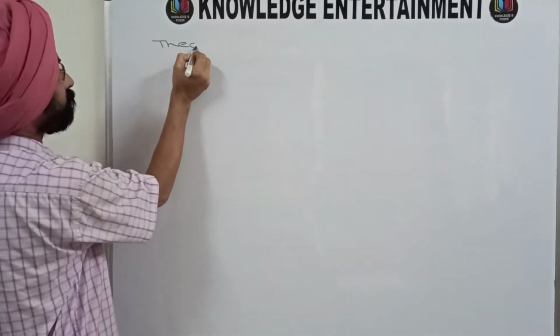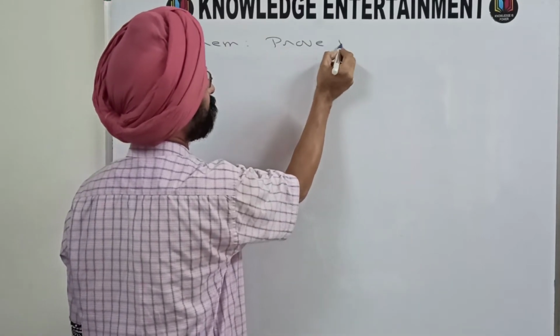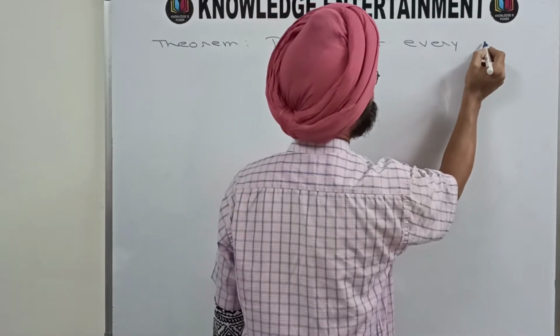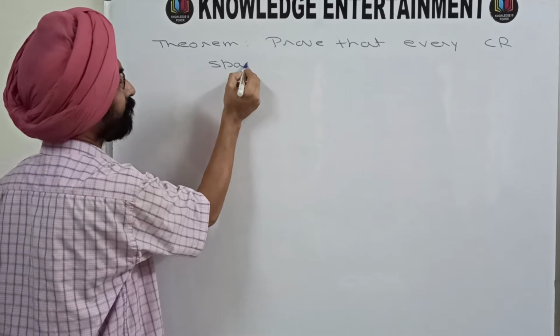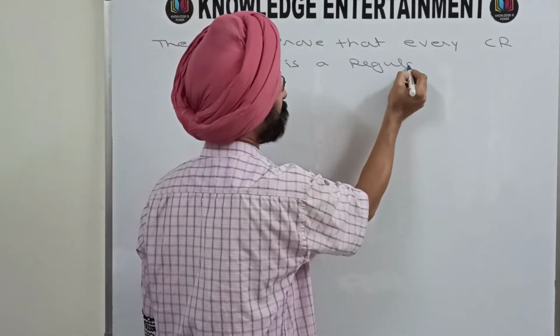Theorem: prove that every completely regular space, CR space, is a regular space.